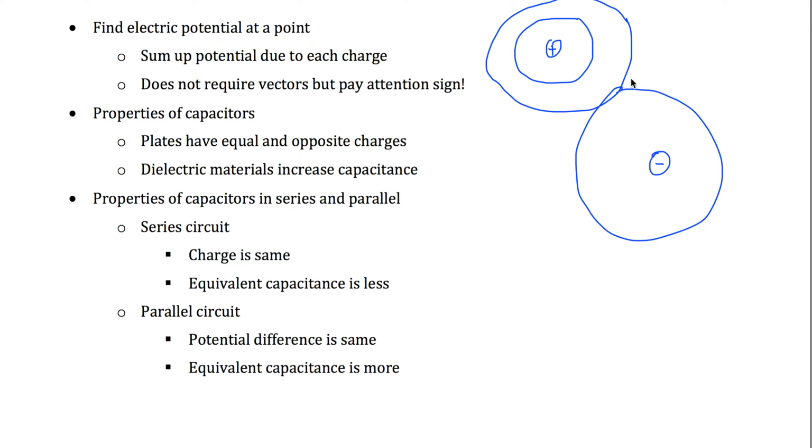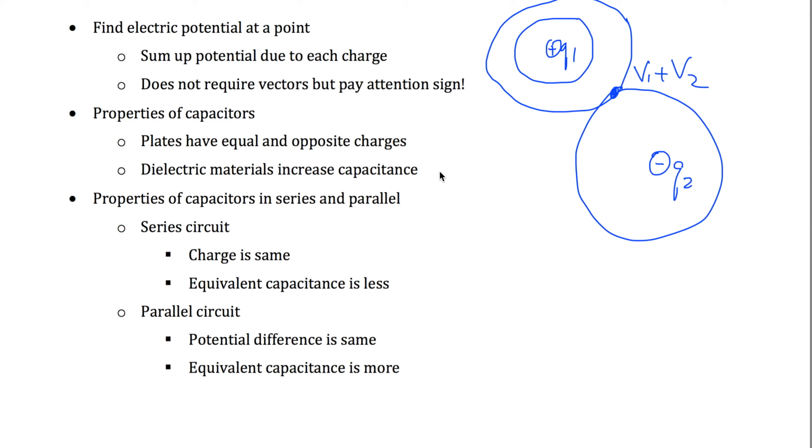This is charge 1 and this is charge 2. At this point right here, it would be a potential due to charge 1 plus a potential due to charge 2. Now the potential due to charge 2 would be negative since the charge is negative, but you would just add the numbers, technically subtract the numbers, but there's no vectors involved.